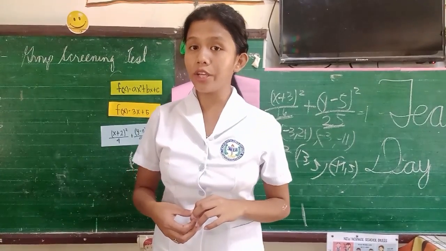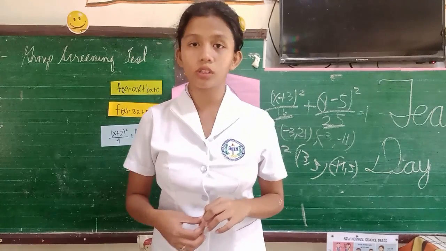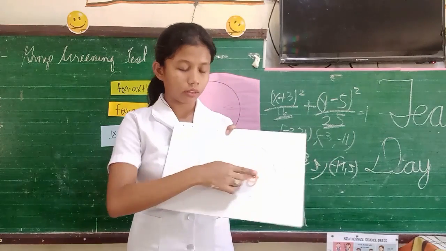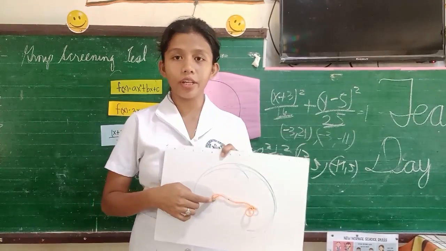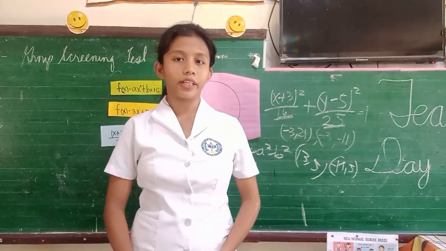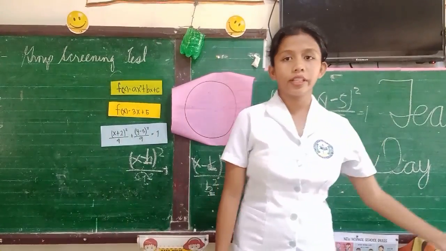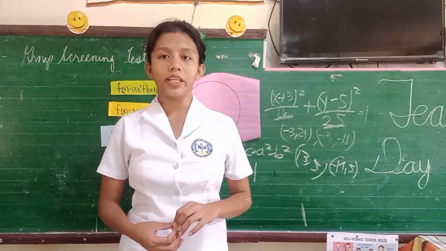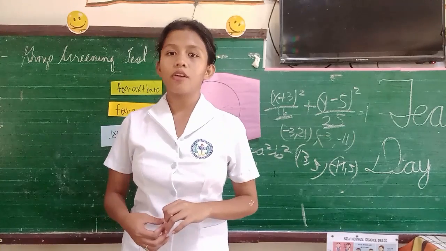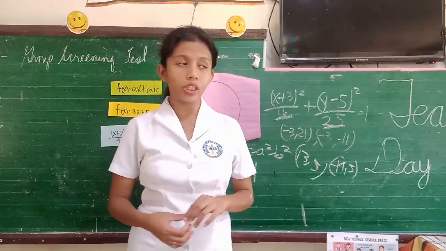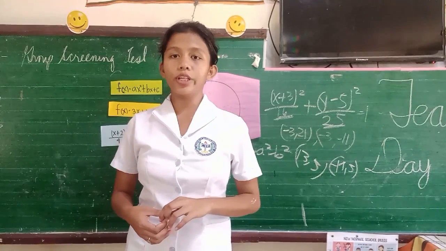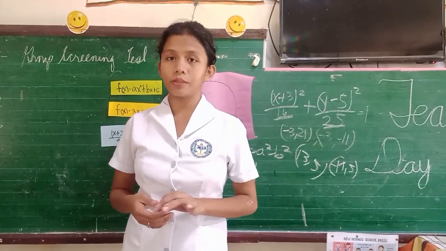Each fixed point is called a focus. When given an equation for an ellipse centered at the origin in standard form, we can identify its vertices, co-vertices, foci, and the lengths and position of the major and minor axes in order to graph the ellipse.